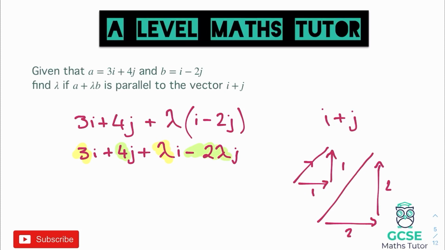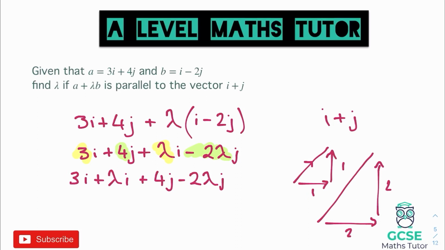So if we group these together and have a look at them, we've got 3i add lambda i, and we've also got plus 4j minus 2 lambda j. Now they're grouped together, and you didn't really need to do that, but it does sometimes help to see it. We're just going to look at those pieces in front.